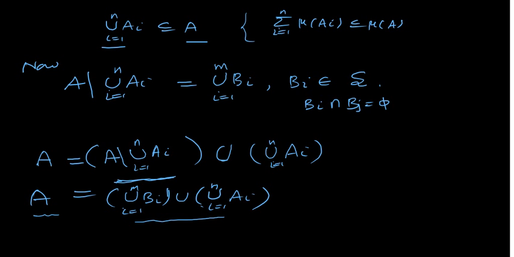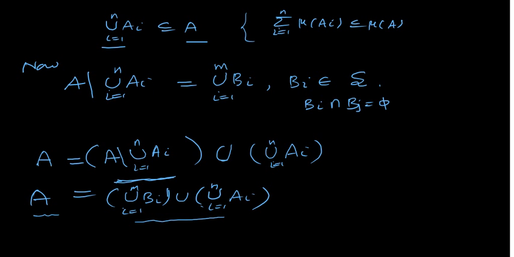Suppose there is a common point between Bi and Ai, say x belongs to Bi as well as x belongs to Ai. Then if x belongs to Bi, it means that x belongs to A minus the union of Ai, i runs from 1 to n. If x is in the union of Bi, what is the union of Bi? The union of Bi is A minus the union of Ai, i runs from 1 to n. So x is then in this difference, which means x is not in any Ai. So any point in the union of Bi is not in any Ai. You can easily verify this. That means the Bi's and Ai's are also disjoint with each other, and the Bi's are also disjoint, the Ai's are also. So it is actually the disjoint union.